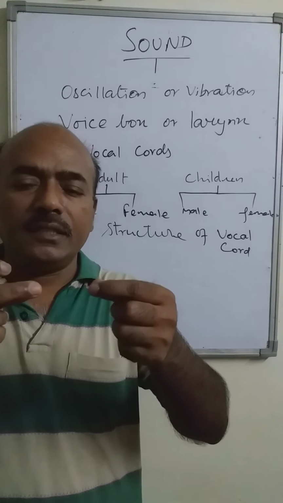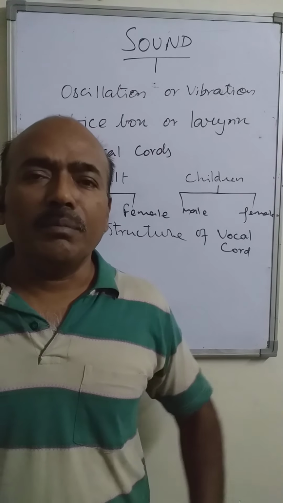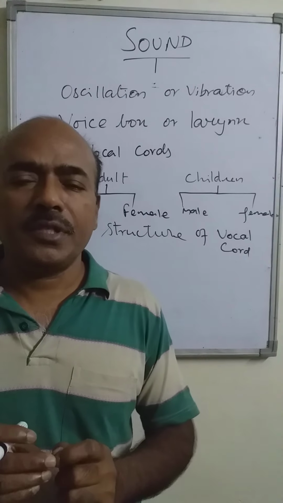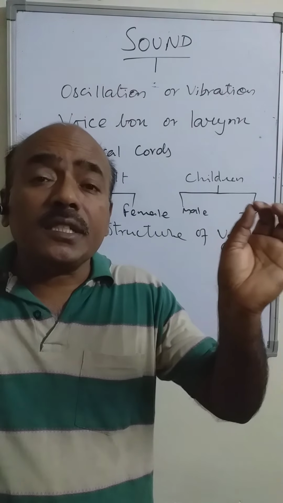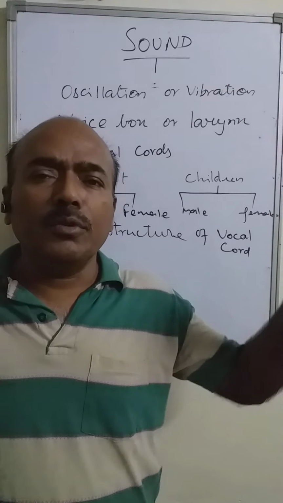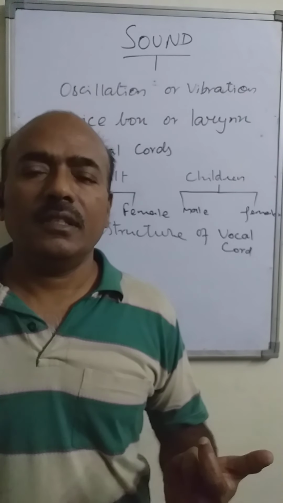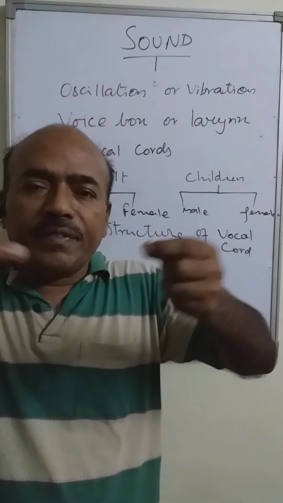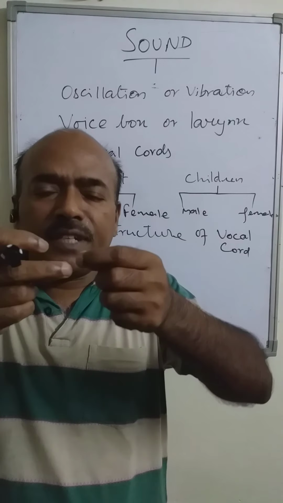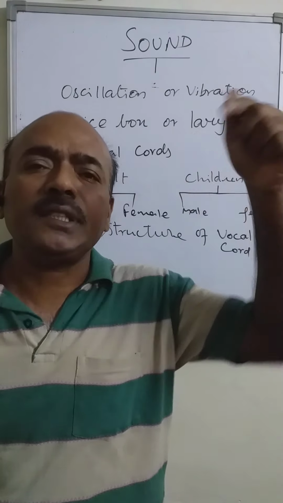In the beginning, I took a rubber band. On plucking the rubber band, the sound is produced. How much is it stretched? If it is stretched more, more stiffness is produced. For different stiffness, for different stretching of the rubber band, a different kind of sound is produced from the same rubber band.